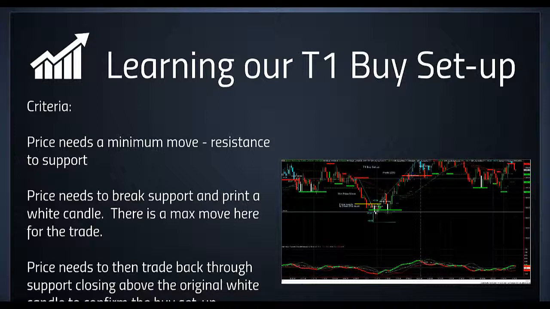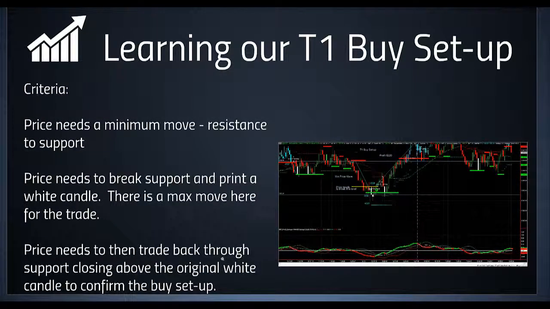That's really the concept here. We're looking for trades that are failing to break out in that direction. The other thing we're looking at is that price needs to trade back through that support, closing above the original white candle to confirm the buy setup. So I'm going to go into the charts now and show you exactly how that looks. Let's jump in and have a look at our T1 buy setup.